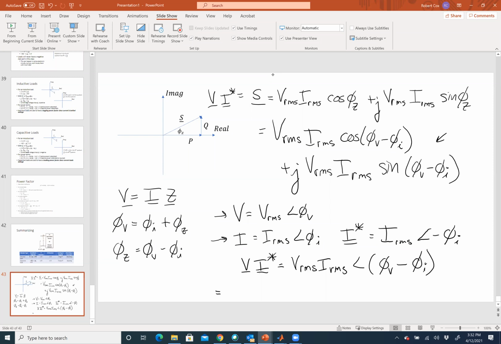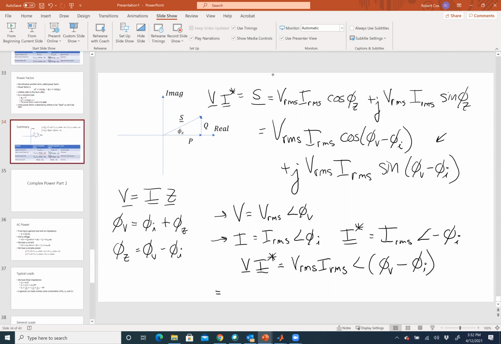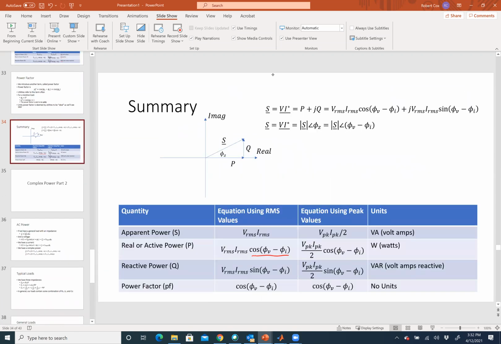So this is one of those things where we've just derived everything that we need to know. Now we just need to know how to use it in some problems. There's a lot going on with these, lots of different problems and little things that we can solve, but we have the key relationships. This is one of two key summary slides I have.